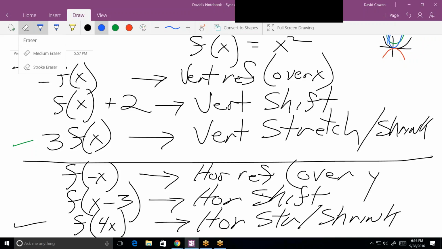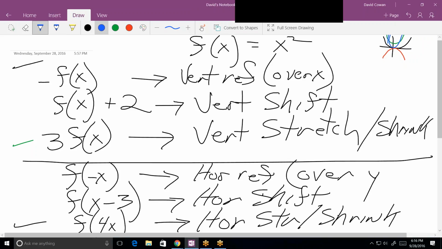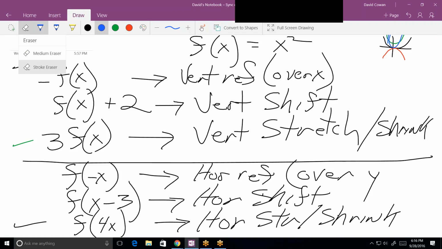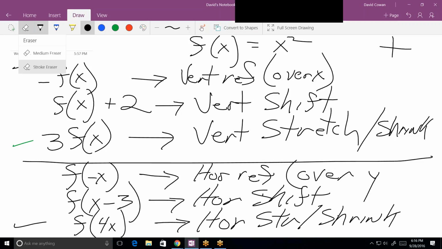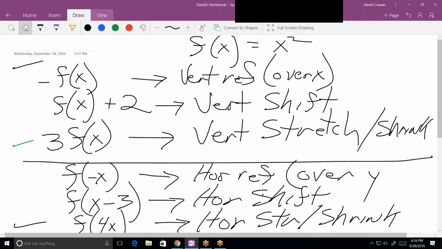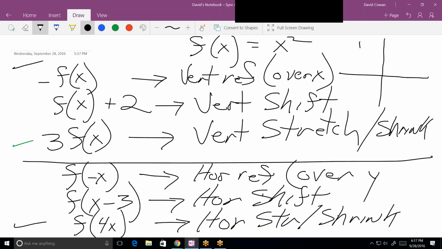Let me erase what I have here, and I'll show you how horizontal transformations work. So I still have my, let me redraw this just a little bit, make it a little bigger. Here's my parent function.